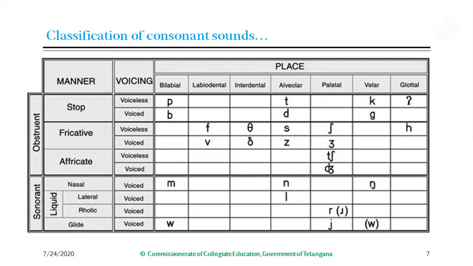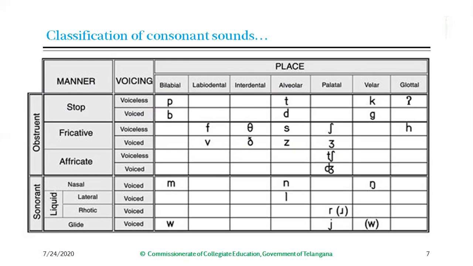And the next one is alveolar. Alveolar sounds are produced with the tongue close to or touching the ridge behind the teeth on the roof of the mouth. Alveolum is a part of the mouth.